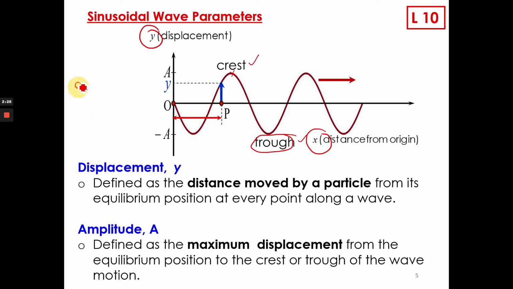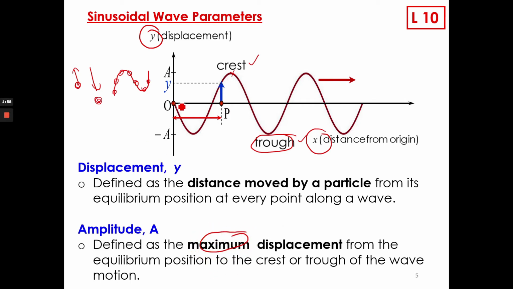So as the particle goes up and down from a wave, because you know wave is made of particles that go up and down, up and down. So this is your y displacement as the particle goes up and down. Next, amplitude. Amplitude is the maximum displacement from equilibrium position.